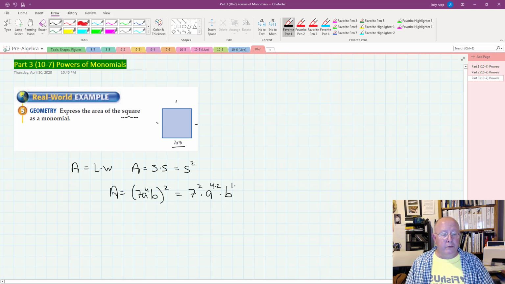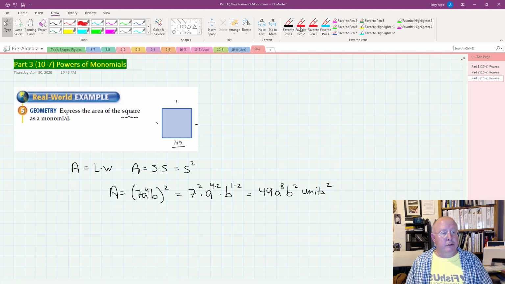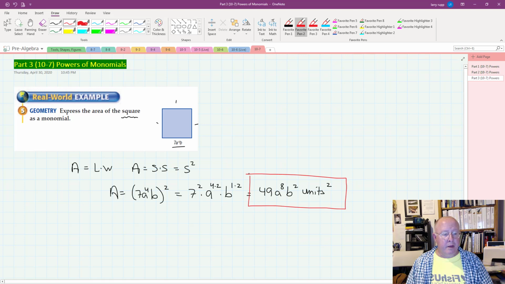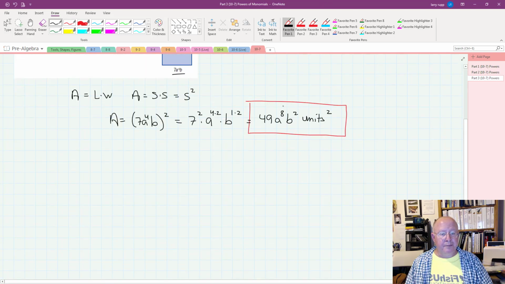It's a 1. 1 times 2. So 7 squared is 49. a to the 4 times 2 is a to the 8th. b to the 1 times 2 is b squared. And whatever units they are, those units are squared. Just like that. Nothing too difficult, frankly.